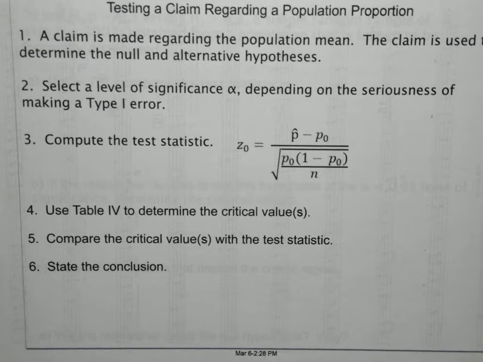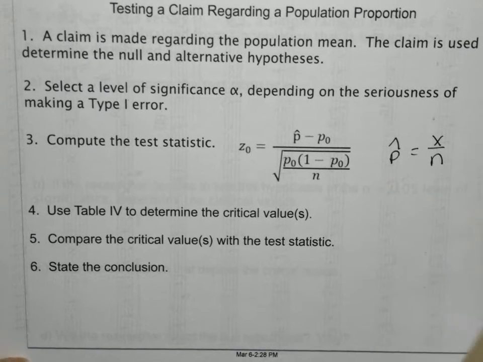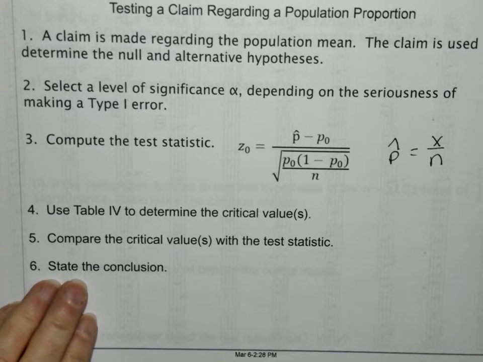Remember, p hat is x over n, where x is the number of positive things that happen and n is the number of things we collected, the number of data points. So we use table 4, that's the z table again, and we compare the critical value to the test statistic and state the conclusion.